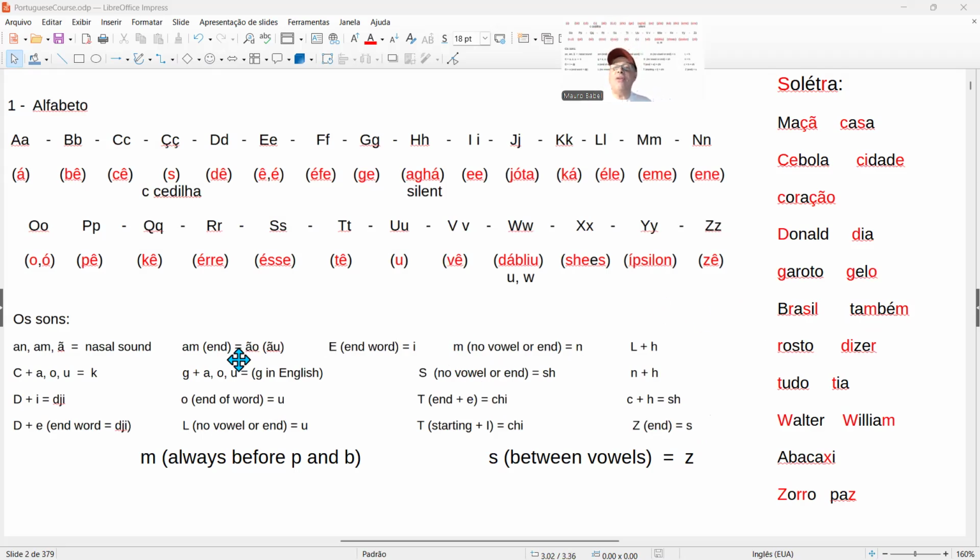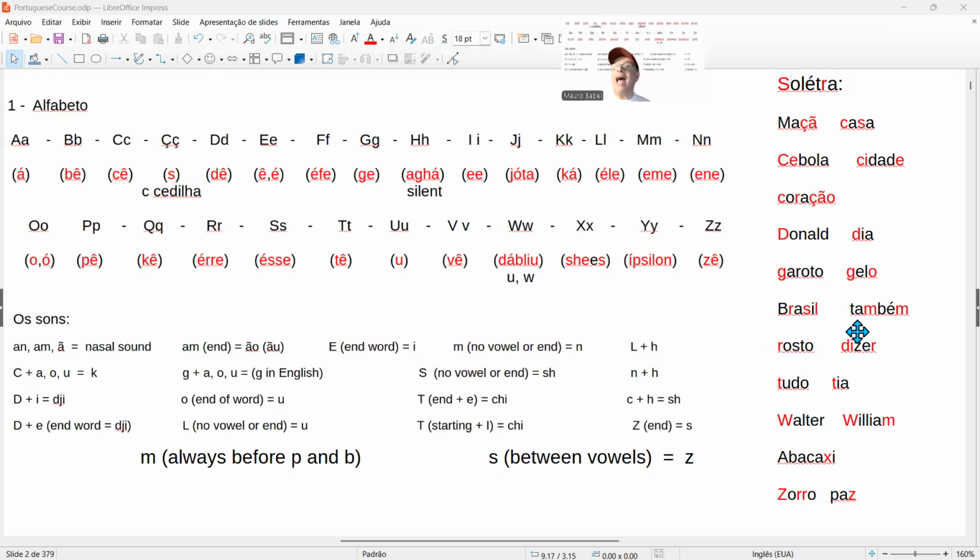L at the end of the word, no vowel at the end of the word, sounds like U. You don't say Brasil, you say Brasil. Repeat. Again. One more time. What is Brasil? Brazil, the country, right? All right. Next word.